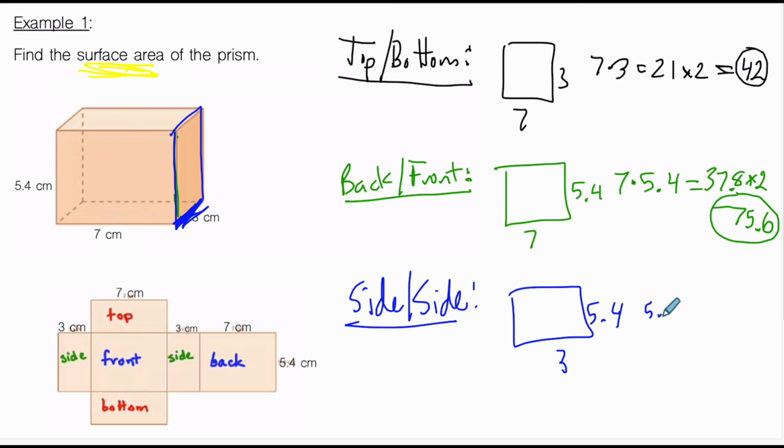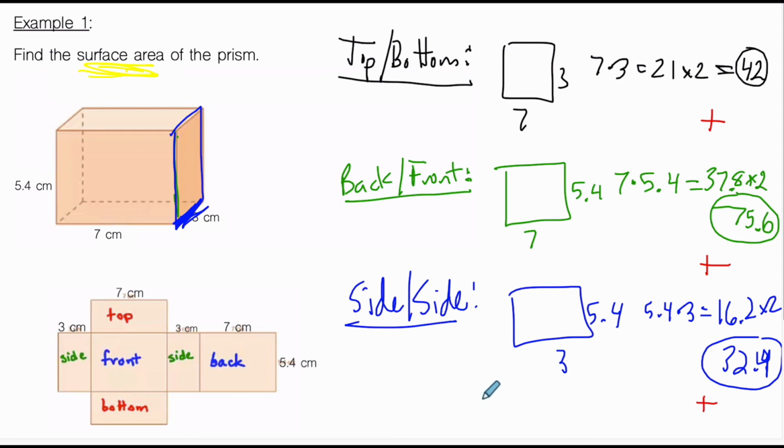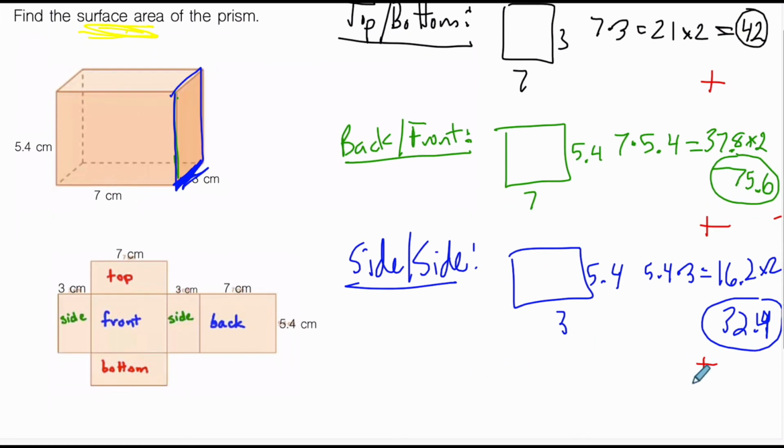So to find the area of that, it's simply 5.4 times 3, which is 16.2, but I need to double it to cover both of the sides, and that's going to be 32 4/10 total. It's a sloppy 4. And then to put it all together, I'm going to add 42 plus 75.6 plus 32.4, and that should total up to an even 150 centimeters squared.